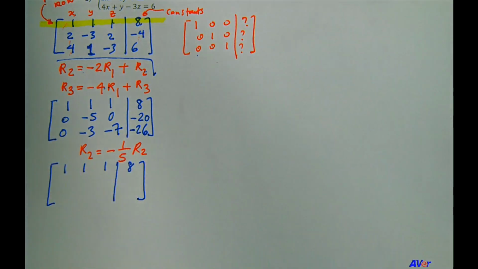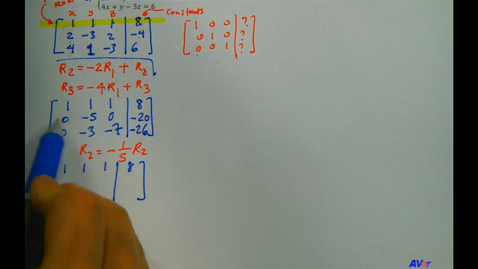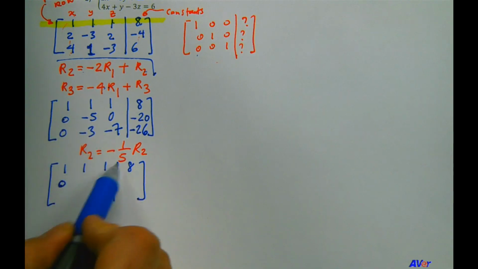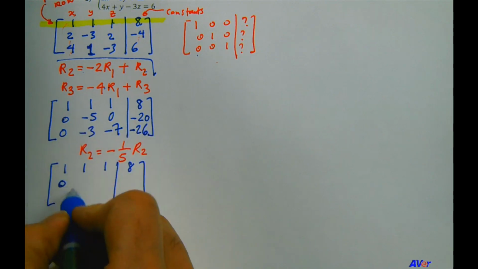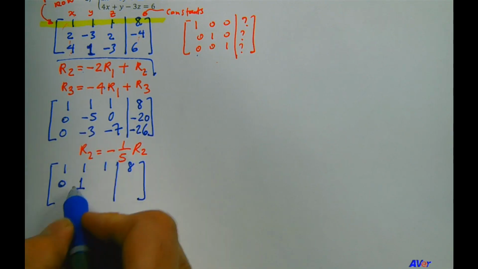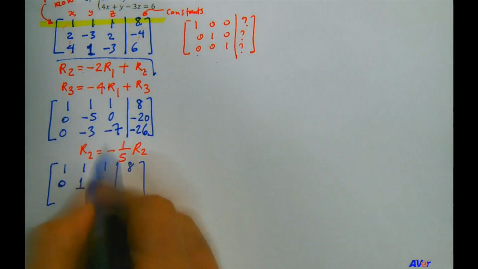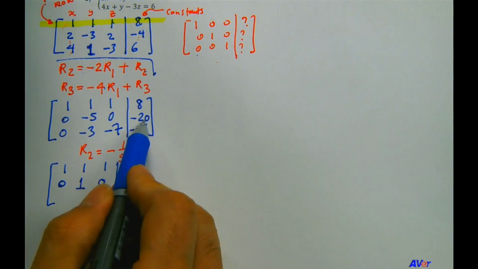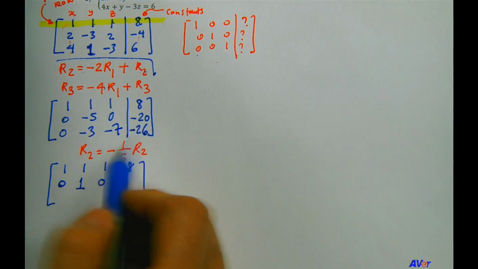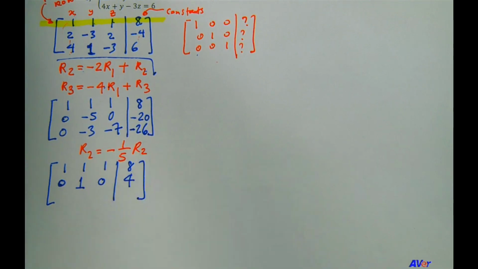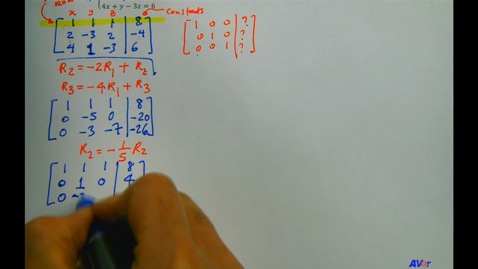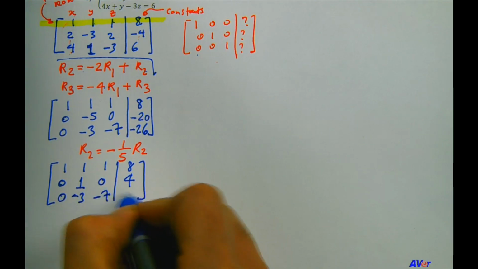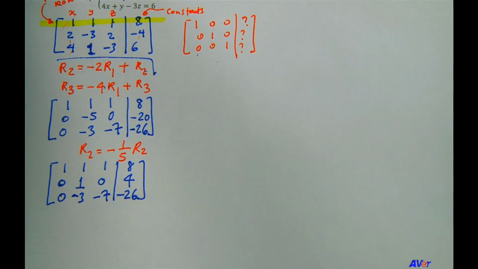Okay, so minus 1 over 5 times 0, 0. Minus 1 over 5 times negative 5, that's positive 1, which we intended. Negative 1 over 5 times 0, 0. Negative 1 over 5 times minus 20, it'll be positive 4, right? And let me write the bottom equation, or the bottom row. 0, negative 3, negative 7, negative 26. Okay?